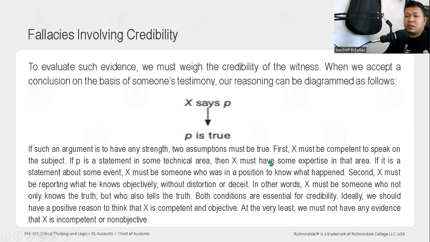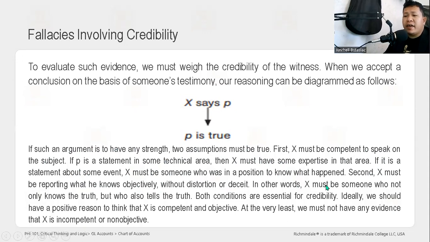So first, X must be competent to speak on the subject. If P is a statement in some technical area, then X must have some expertise in that area. If it is a statement about some event, X must be someone who was in a position to know what happened. Second, X must be reporting what he knows objectively, without distortion or deceit.